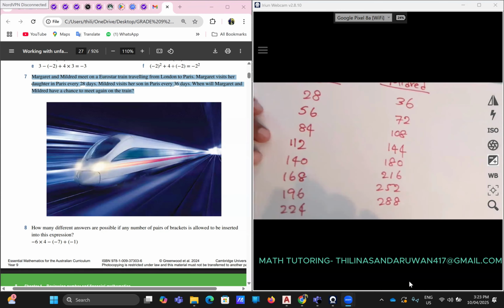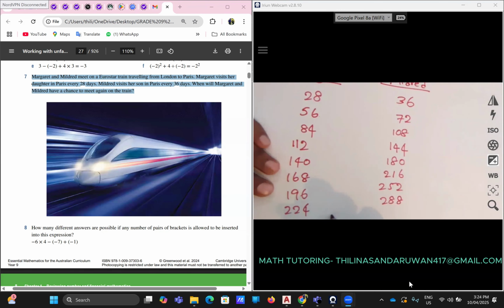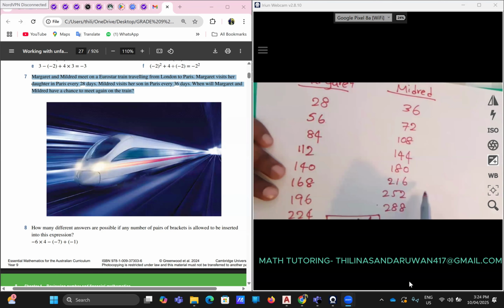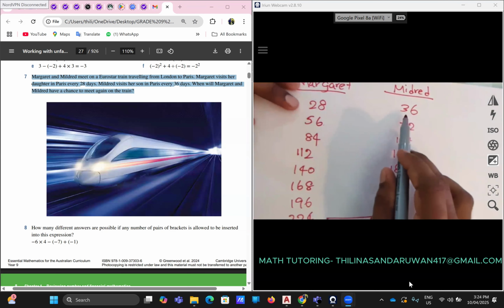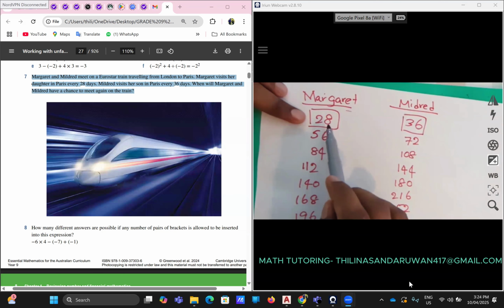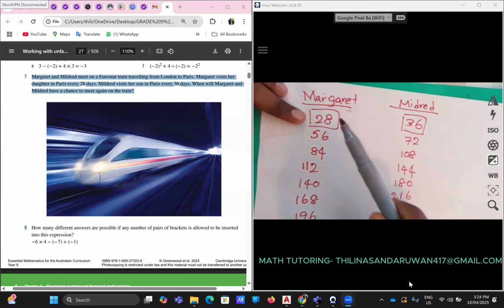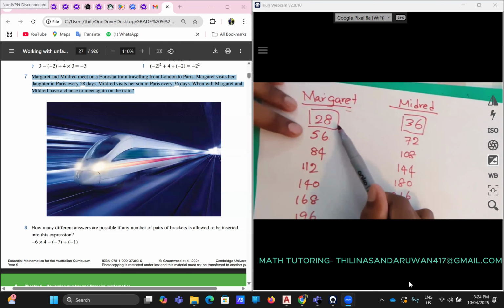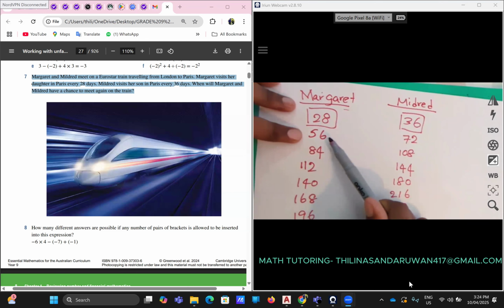They should have a common day, which means we should find the lowest common multiple. This is what they are asking to find, but still we can't find any common multiple of 28 and 36. If Margaret is going every 28 days, and day 1 is today, then after 28 days she's going again, and after 56 days from today she's going again.